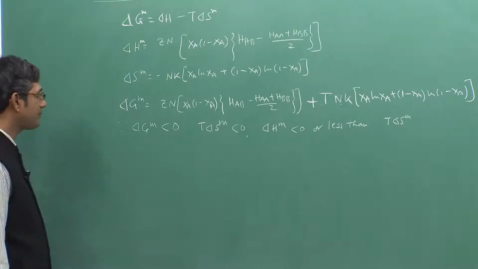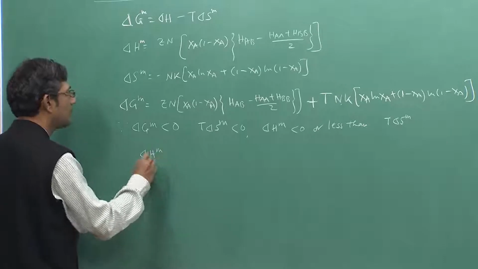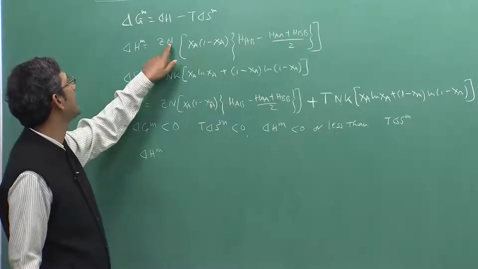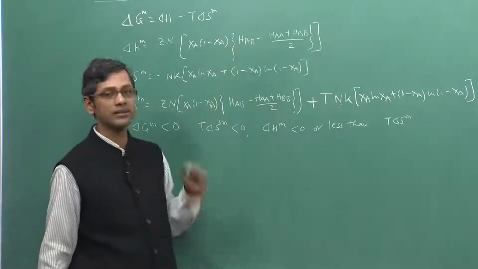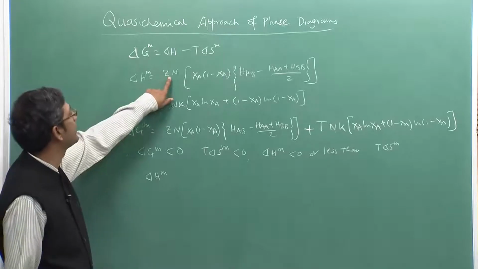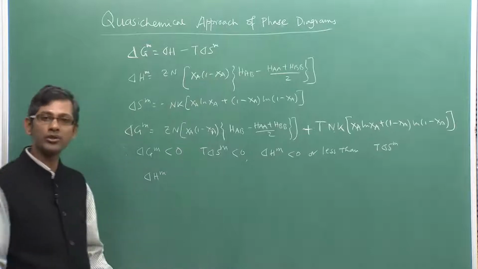Now, if I take the delta Hm term, what does it depend on? It depends on these fractions, Z and N, and this factor. Z is the coordination number, a positive number, N is the Avogadro number, a positive number, and Xa and 1 minus Xa are also positive numbers.